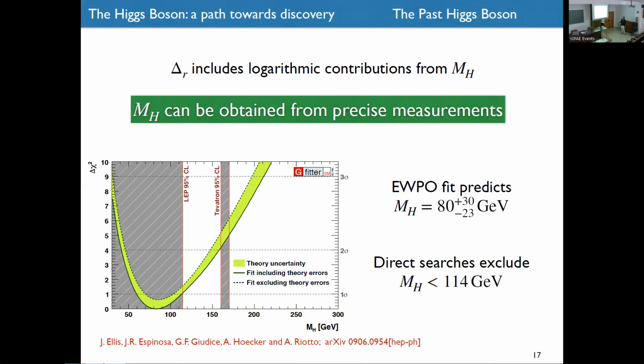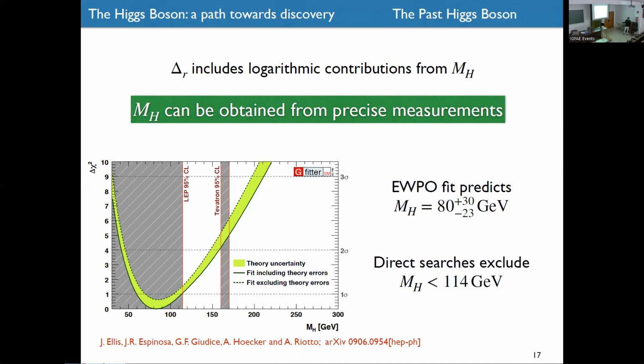And that was done, and this is a paper from 2009, so we are still in our time. This paper predicted from those measurements a mass of the Higgs of around 80 GeV. Here in this graph, we have the mass of the Higgs against the probability and the chi-square, and you can see that the minimum is here around 80.